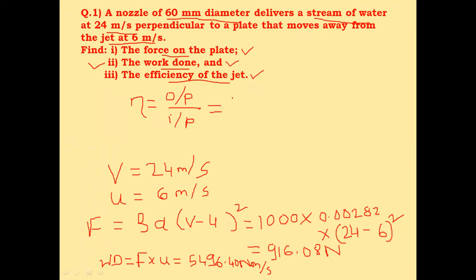Output is nothing but work done, that is rho a (v minus u) whole square into u, upon input, which is nothing but the kinetic energy, half m v square, where m is rho a into v minus u, into v square.